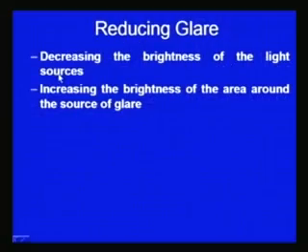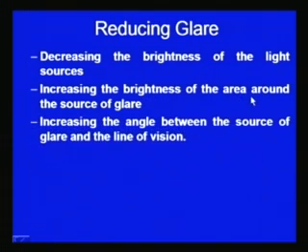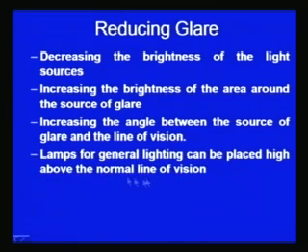In addition to these points, we can see that decreasing the brightness of the light source is another way. Increasing the brightness of the area around the source of the glare, like increasing the brightness of the immediate surrounding, is another way of reducing the glare effect. Increasing the angle between the source of the glare and the line of vision is the third method of reducing the glare.